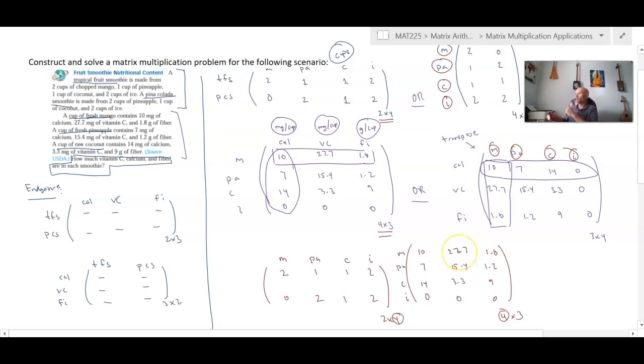So if I multiply these two matrices, this would be the number of units of calcium per cup of mango times the number of cups of mango in each of our two smoothies, TFS and PCS. And then this represents calcium, vitamin C, and fiber.